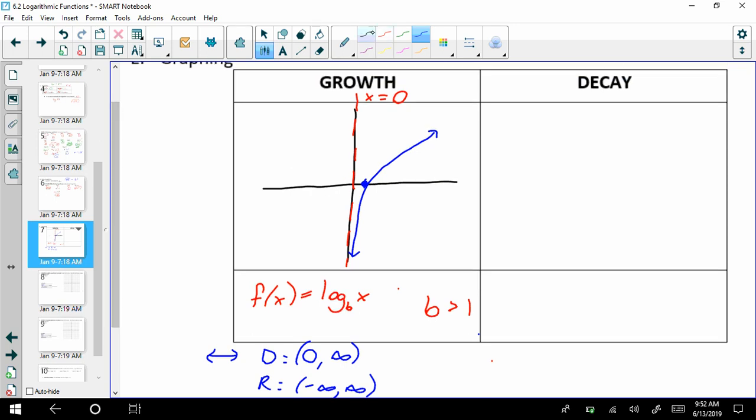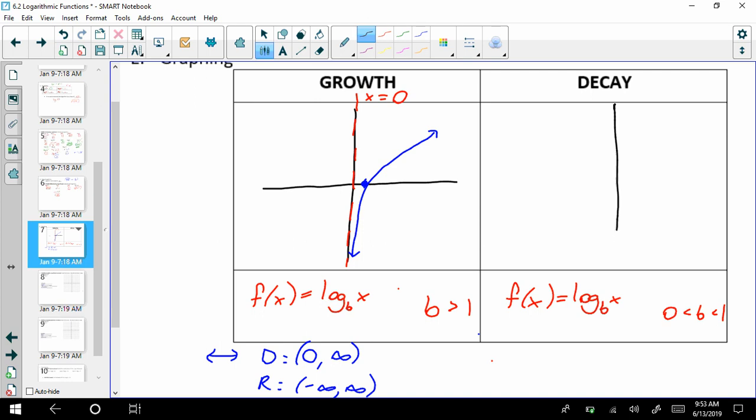The decay graph will be in the same setup. Except what makes it a decay is the base number will be less than 1.